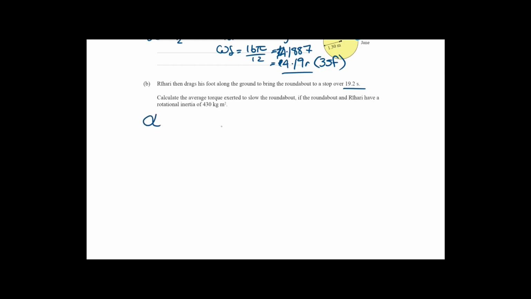Well, we know that angular acceleration is change in angular velocity over the time it took to get there. And we know that that's going to be negative 4.19 because it's gone from 4.19 to 0. And we know that that took 19.2 seconds.